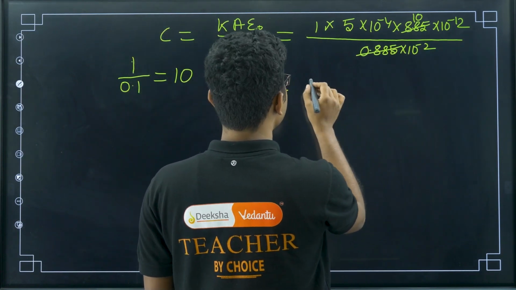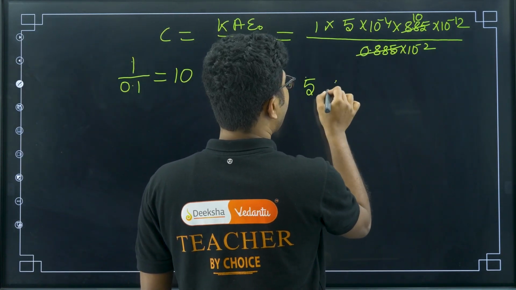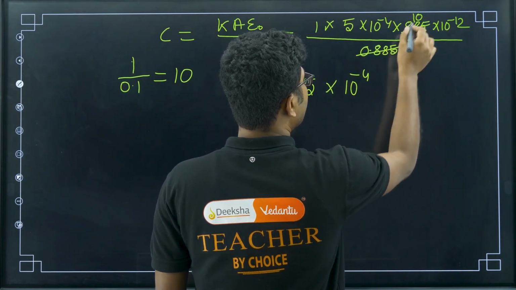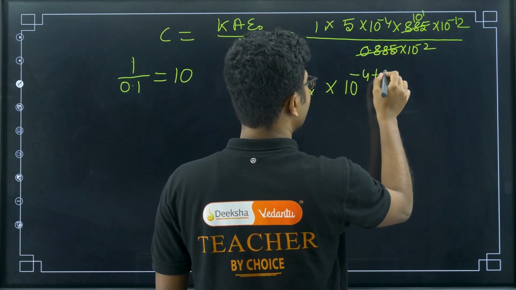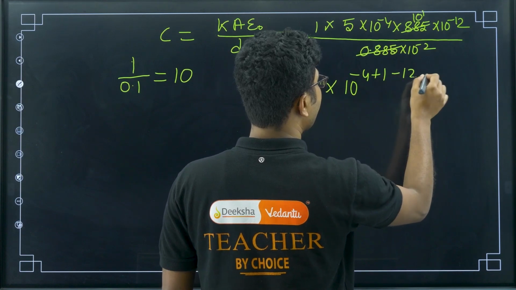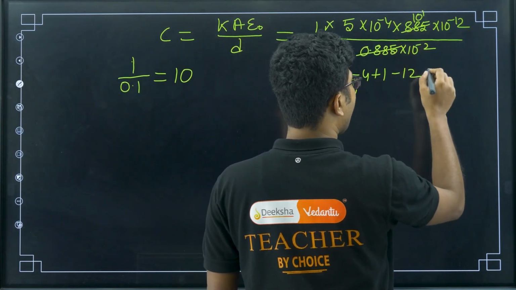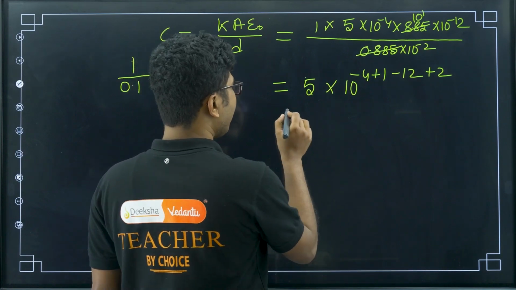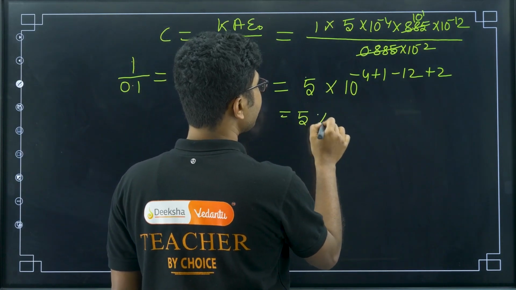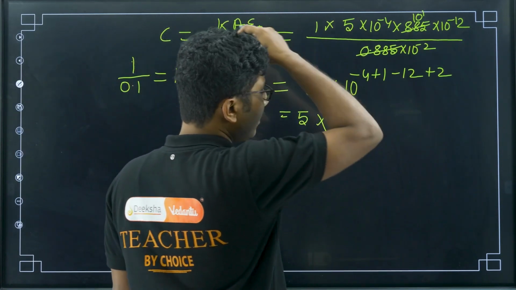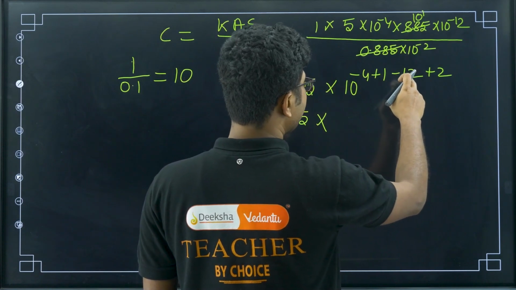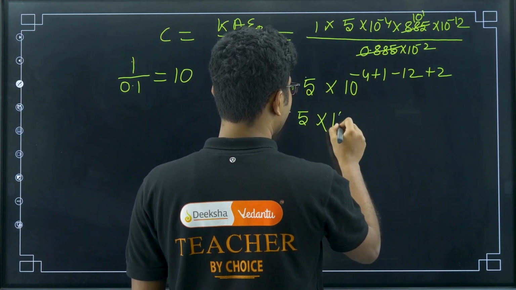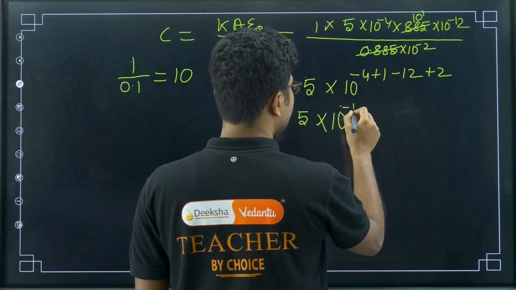Now let's simplify this. 5 times 10 to the power of minus 4, this 10 has plus 1, so plus 1 minus 12, and this minus 2 will go up and become plus 2. So 5 times 10 to the power of minus 4 minus 12 plus 1 plus 2, so it is 10 to the power of minus 13.